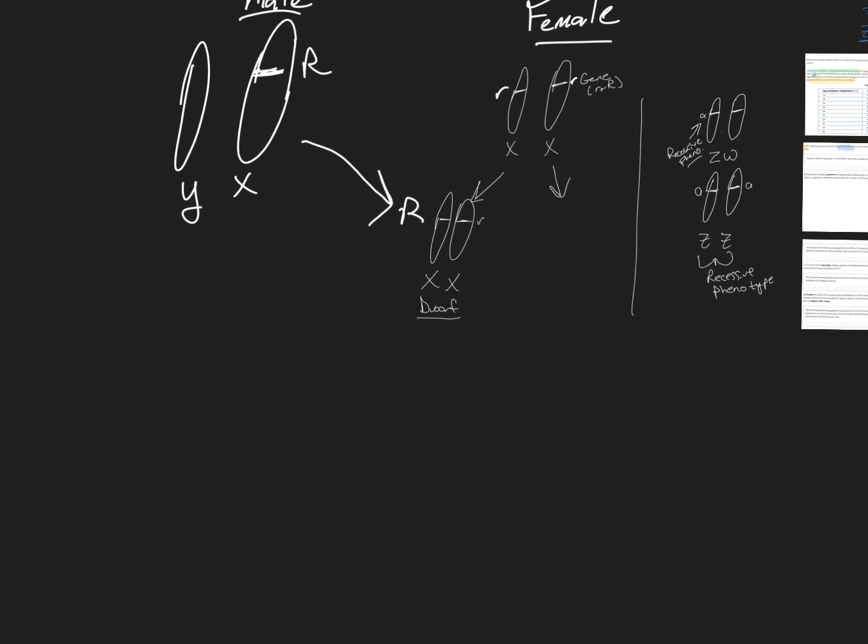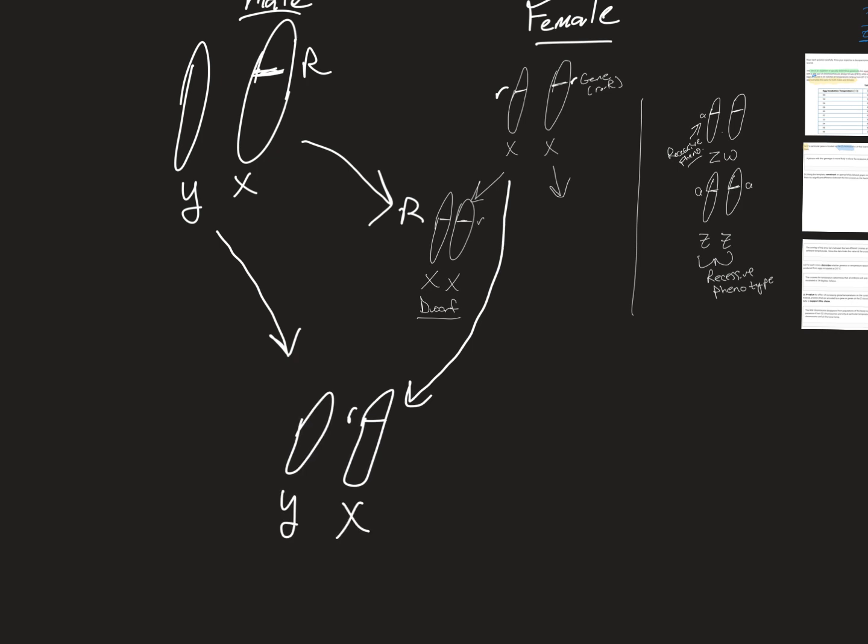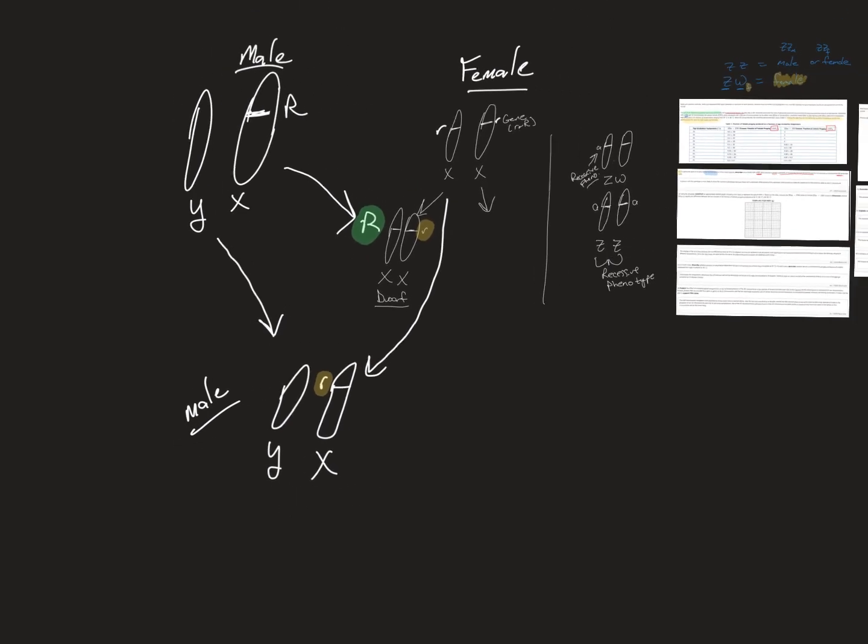Now, if that same chromosome was given to another egg, so you have the little r, but dad gave a Y, so it's a boy, then this male child will definitely be a dwarf, even though it only has one little r. Where this female has a little r, but it has the dominant version, the non-dwarf version of the gene.